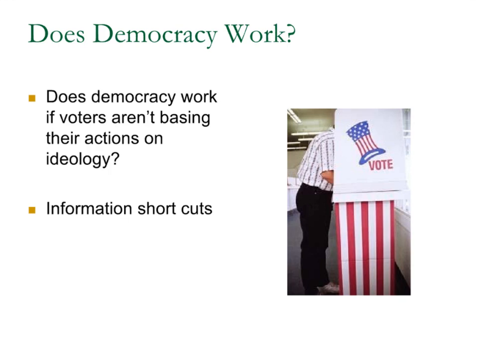How can democracy work? So that was the question that led political scientists to try to resolve this puzzle of how can democracy work if the voters are clueless and don't know what they're doing?